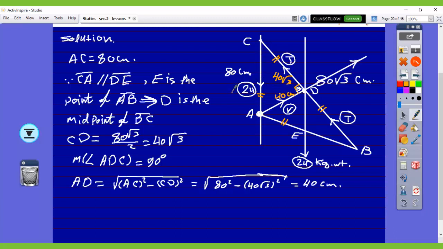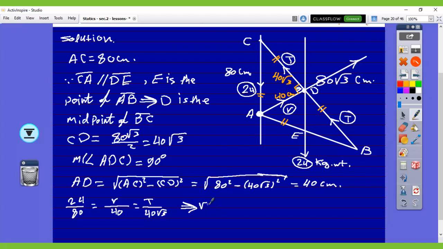Now applying the triangle of forces rule, we have 24 over 80 equals R over 40 equals T, the tension, over 40 root 3. 40 root 3 is the length of CD.